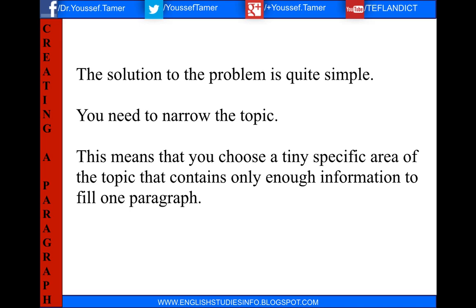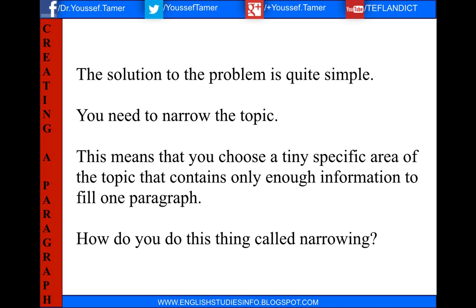If you take the topic of animals, you're not going to speak about all kinds of animals. You need to choose a tiny specific aspect related to animals. And we're going to see a concrete example. Not all types of animals, not all things related to animals.